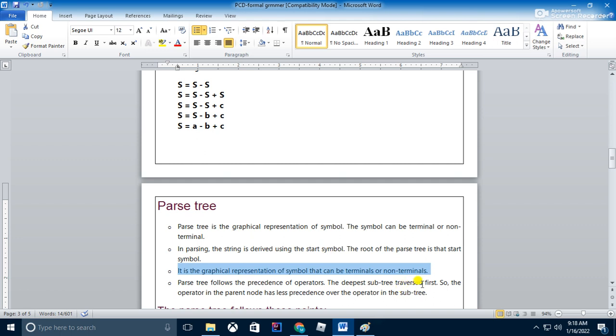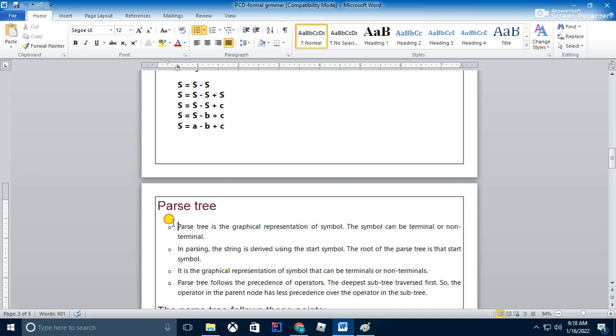The deepest subtree is traversed first. So for finding whether that parse tree leads to the input string or not, we first traverse or visit the deepest subtree, then the operator in the parent node, based on precedence over the operator in the subtree.